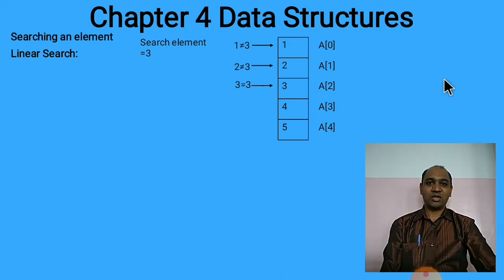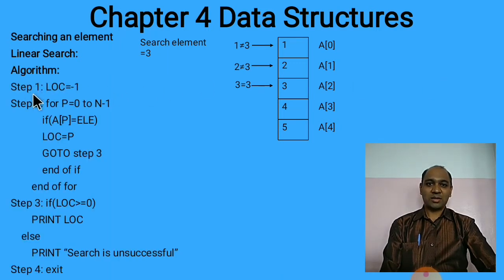Step 1: location is equal to -1, because location equal to -1 represents a null pointer. Step 2: for loop, p is equal to 0 to n minus 1. Here p is the index number, which indicates the position of each element in an array.